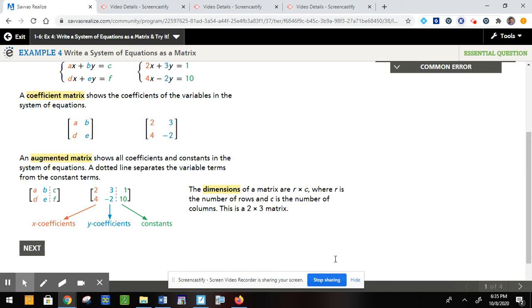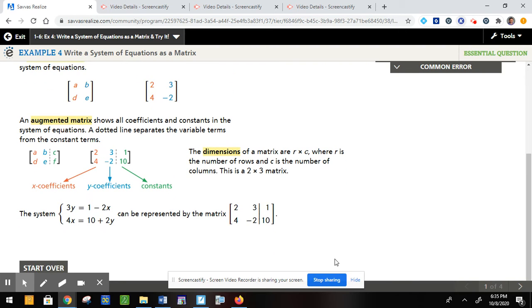The dimensions of this matrix, remember, R is always the number of rows, so there's 2 rows here, and then C is the number of columns, so 1, 2, 3. So this would be a 2 by 3 matrix. So in other words, this system of equations you can rewrite as this matrix.